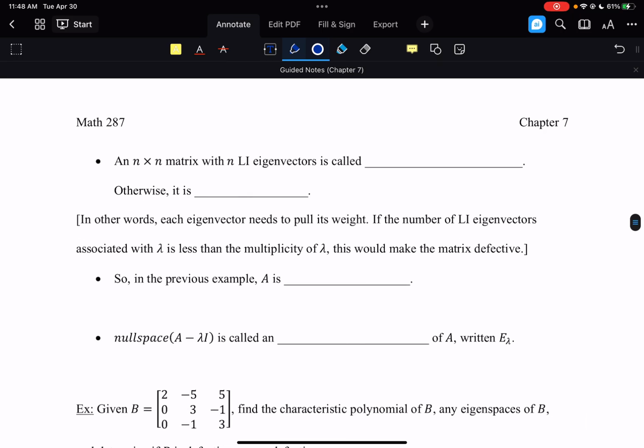If we have an n by n matrix with n linearly independent eigenvectors, so if it's a 2 by 2 and we have 2 eigenvectors, or a 3 by 3 with 3 eigenvectors, etc., then the matrix is called non-defective. Otherwise, it is defective.